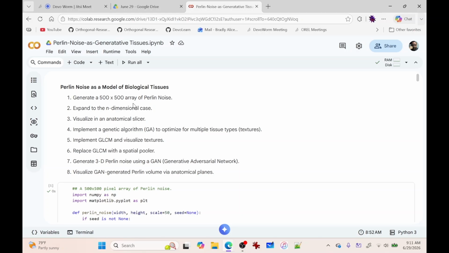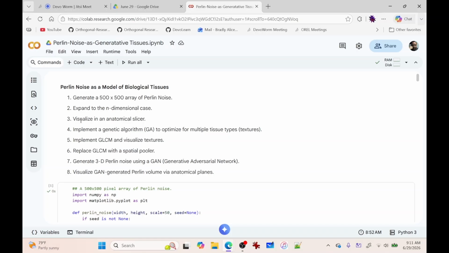So that's actually time. You could take a single slice of Perlin noise and say it represents any one time period, but that's not really the way to look at Perlin noise. You have to look at it as a 2-dimensional array. So we need a 2-dimensional array of Perlin noise just to see what it looks like. And then we might want to expand that to an n-dimensional case where we have multiple dimensions of Perlin noise.